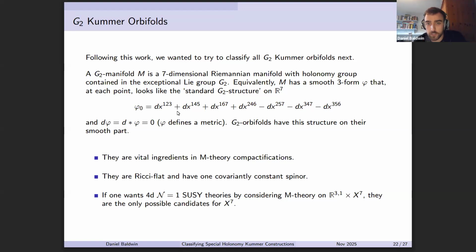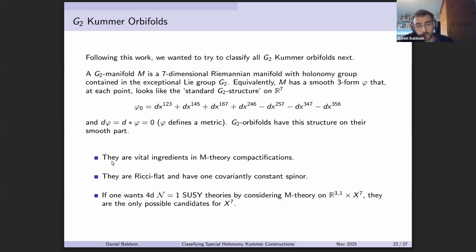This is just a particular 3-form, which I've written out here. We also require that phi is closed and co-closed. Phi defines a metric, and so you can define a Hodge star, and then you want phi to be harmonic with respect to that metric. Then M is a G2 manifold. And again, G2 orbifolds just have this structure defined on their smooth part.